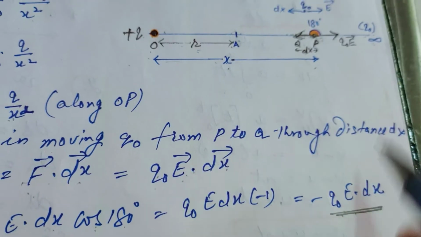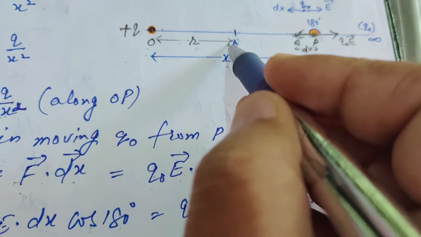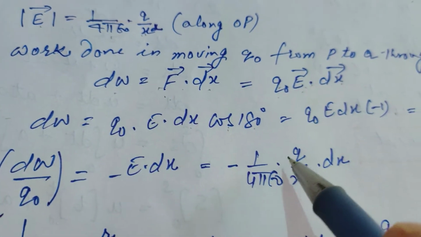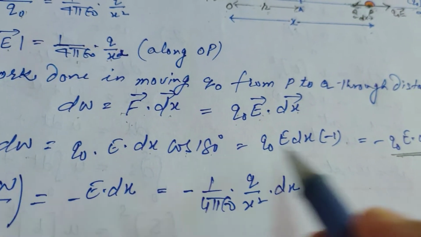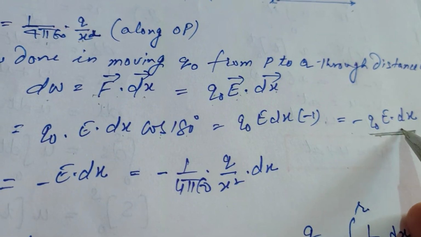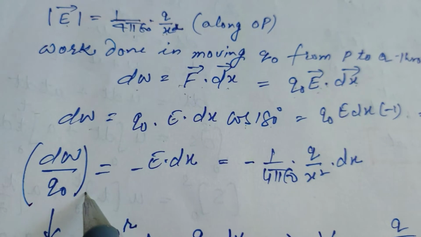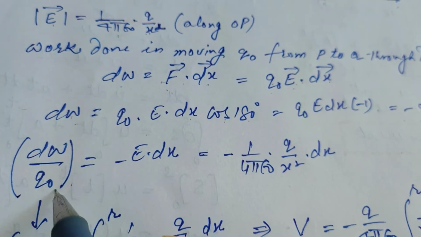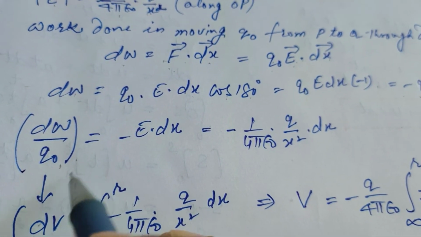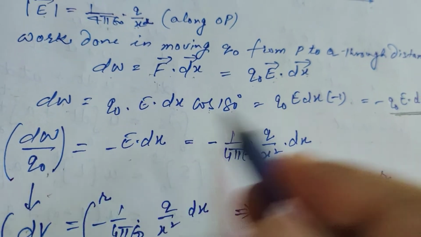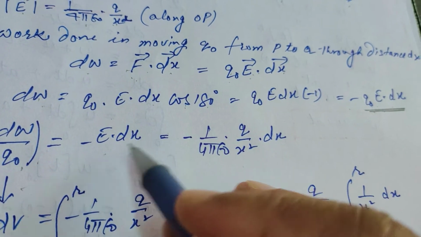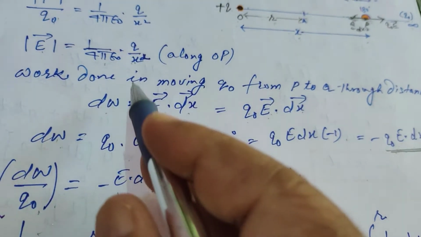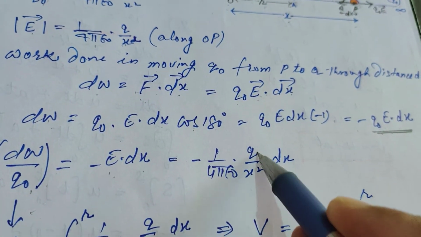Now I have to move from infinity to r distance. For that I will integrate it. But before that, as dW is minus q naught E into dx, bring q naught to the other side. So work upon charge is small potential, dV equals minus E dot dx. You just substitute the value of E that we have calculated, into dx.